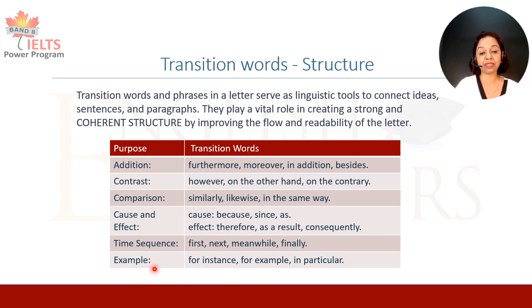In case you are writing any example, you will use for instance, for example, or in particular. So these are the transition words which add to the structure, and the readability of the letter gets enhanced and improved with the use of these transition words.